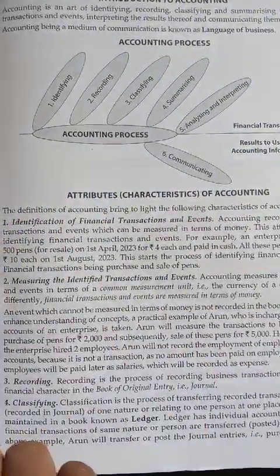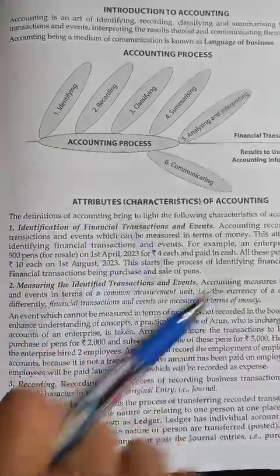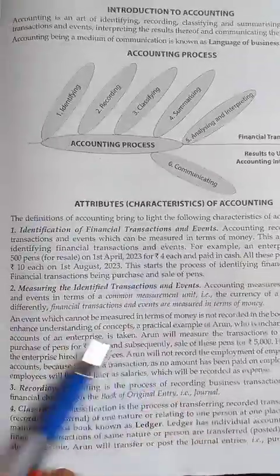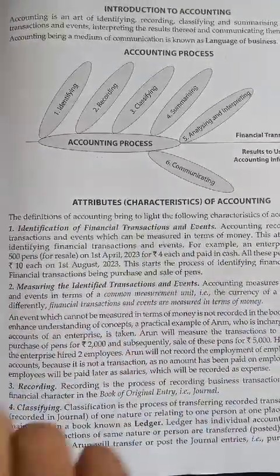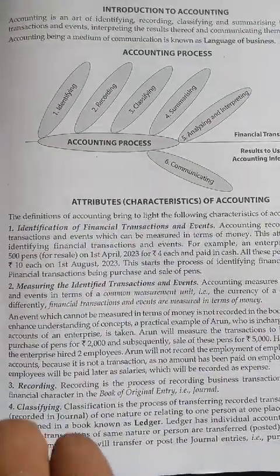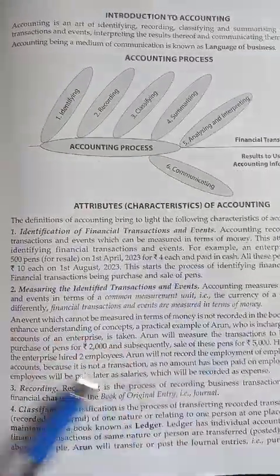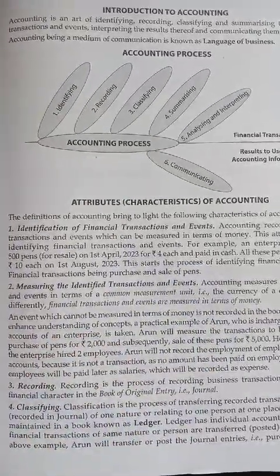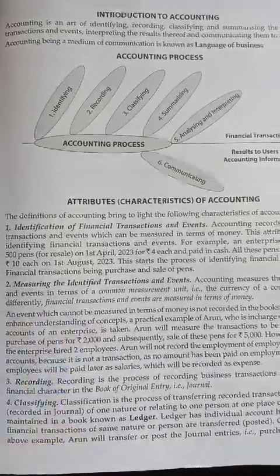When we discuss the accounting cycle, we will again discuss why it is called a cycle: because each and every year a circular process will be there. We start from one point and end on one point, and next year starts from the same point. That is why it is called the accounting cycle.